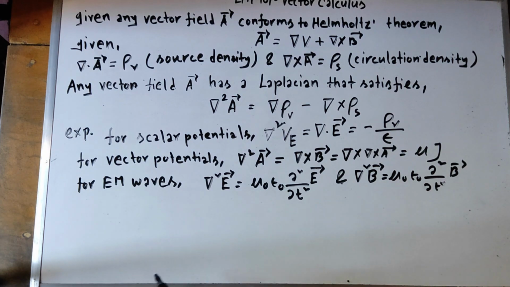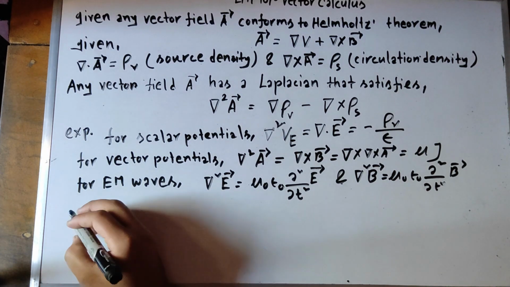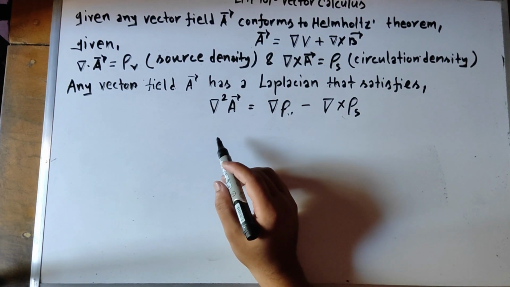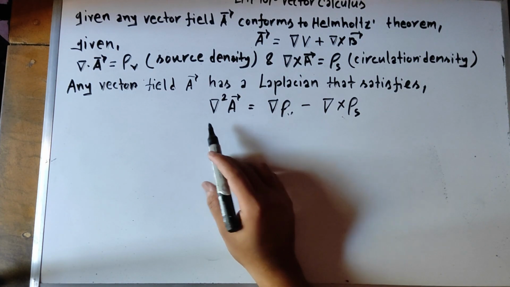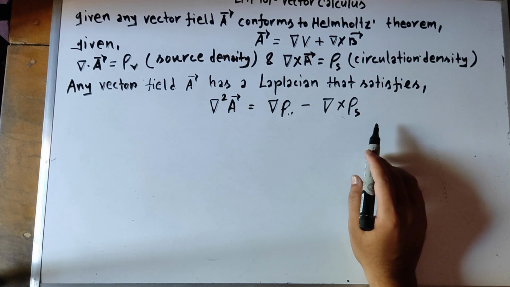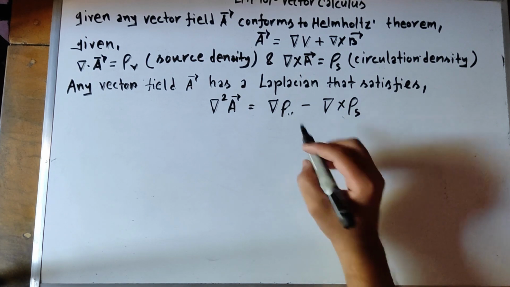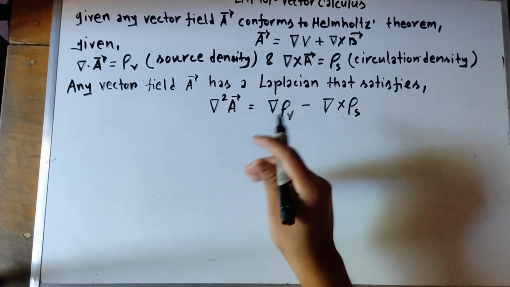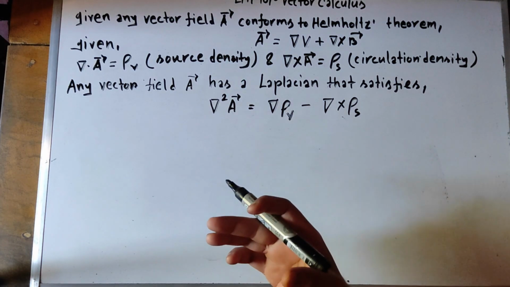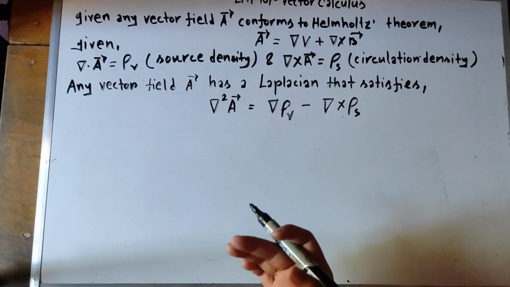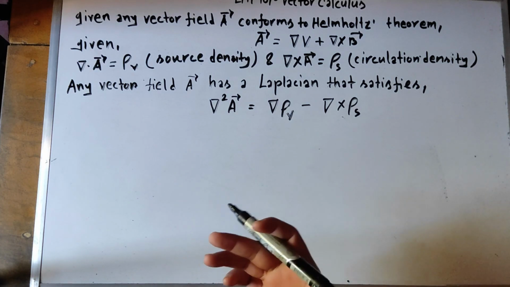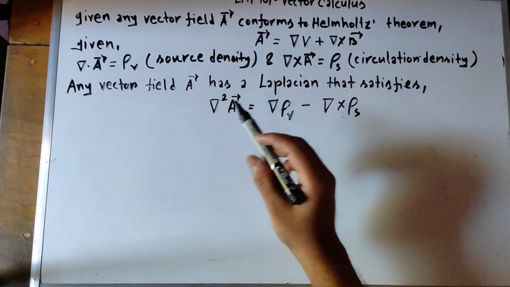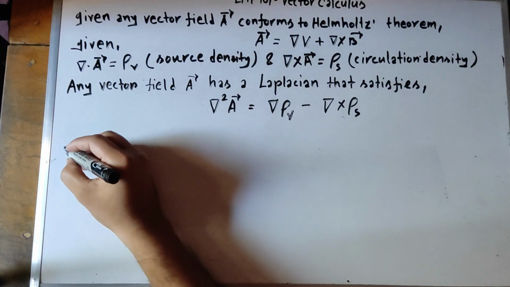In terms of EM fields, examples can be shown. So I have shown you the examples on this relation of the Laplacian of a vector under the Helmholtz theorem. If we want to see the decomposed form of electric fields and magnetic fields separately by the Helmholtz theorem, it will look like this.